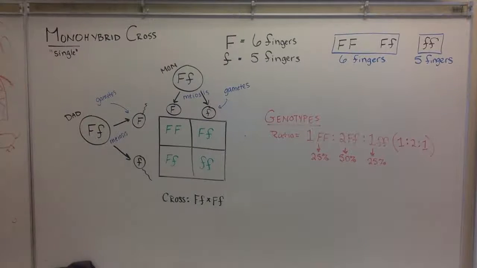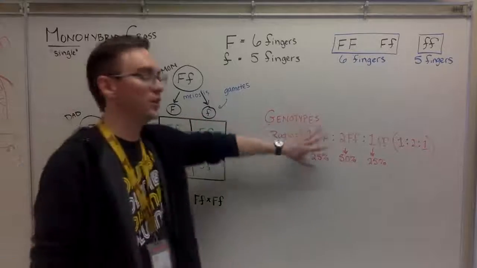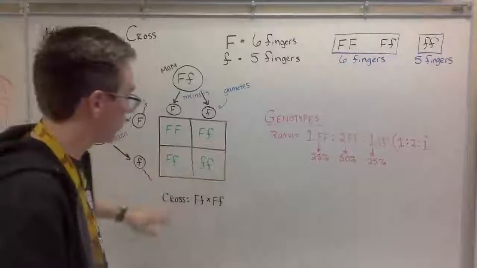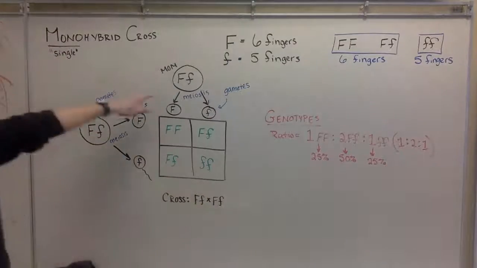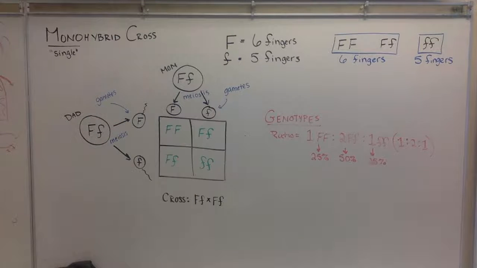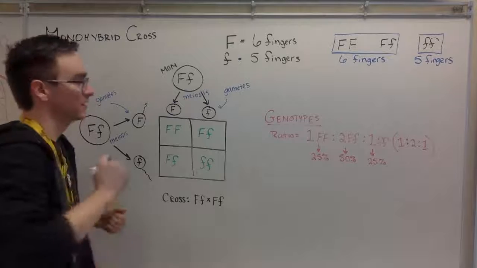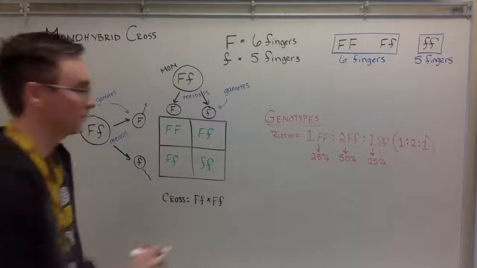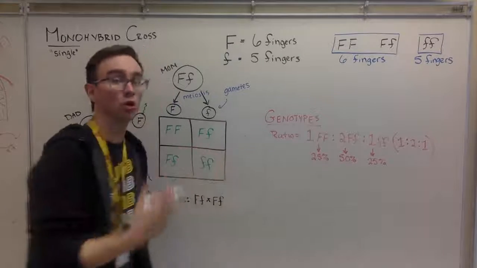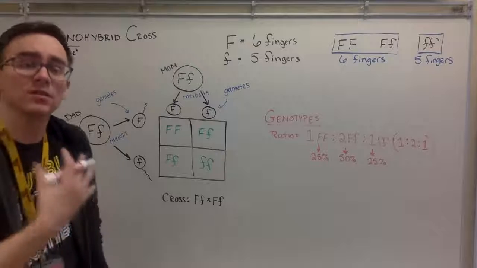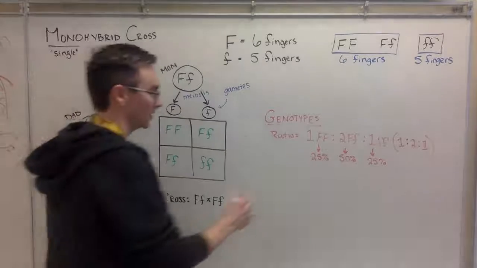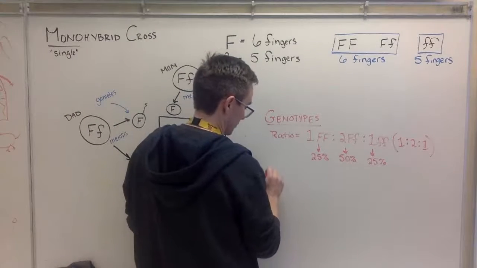That's just genotypes. So we have a 1 to 2 to 1 genotypic ratio for a cross between two heterozygous individuals for the number of fingers. That doesn't tell me the phenotypes. Now the phenotypic ratio, remember, is all about what each one of them looks like. What is the outcome, the physical description of each one of them?